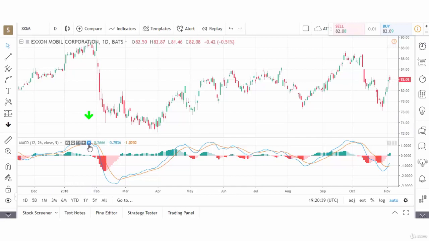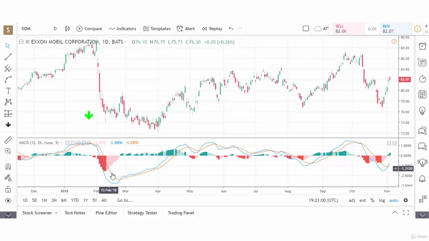So with this cross, we may have sold our position, or at a minimum tightened our stops, and been prepared for a reversal in trend from a bull trend to, at a minimum, a consolidation pattern, but the stock actually went into a bear trend.